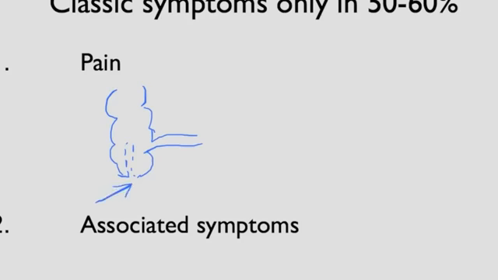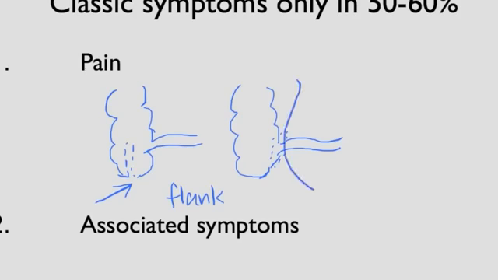It might go up to the right flank instead. Or it could be retroilial, so behind the ilium. If that's the case, that may irritate the ureter coming down, and that might cause pain in the testicle, in the suprapubic area, or even dysuria.